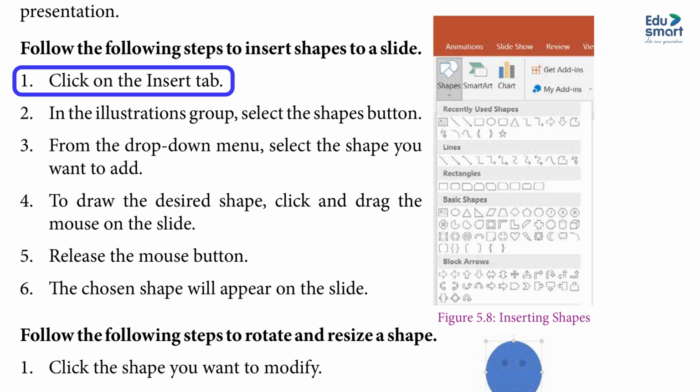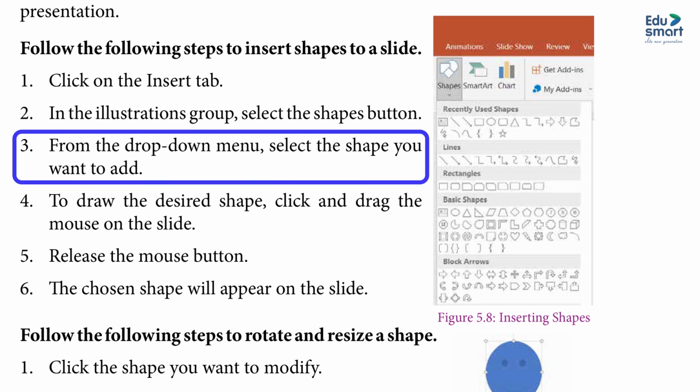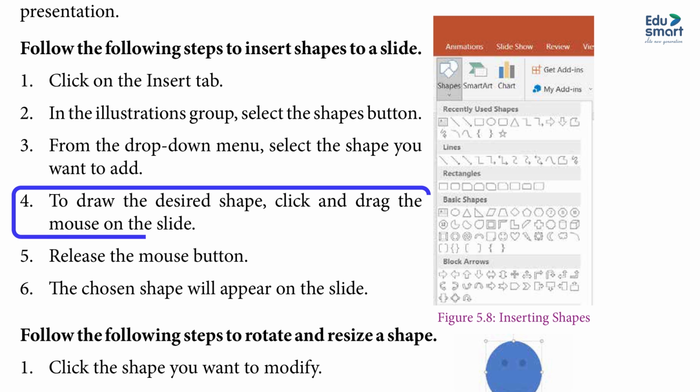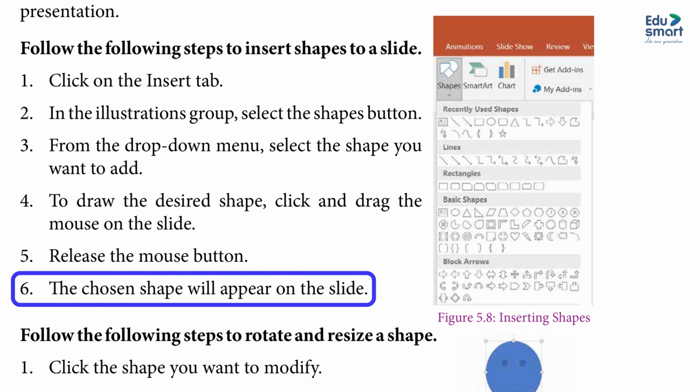Click on the Insert tab. 2. In the Illustrations group, select the Shape button. 3. From the drop-down menu, select the shape you want to add. 4. To draw the desired shape, click and drag the mouse on the slide. 5. Release the mouse button. 6. The chosen shape will appear on the slide.